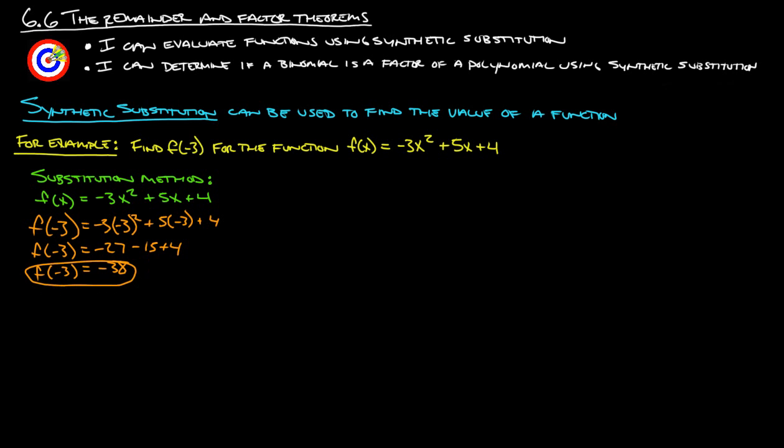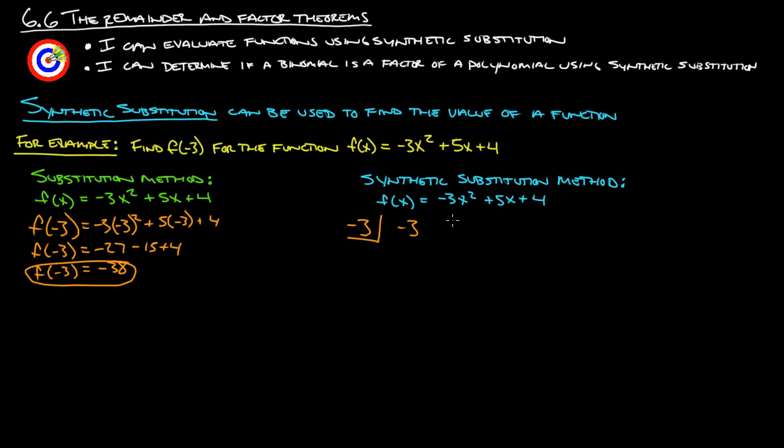Now the thing is, we can actually use synthetic substitution to come up with the same answer. So the way you do that is we start with the same equation, and then in our little box over here, we're going to put negative 3, and then we're going to bring our coefficients down.